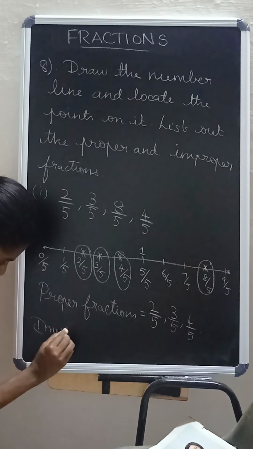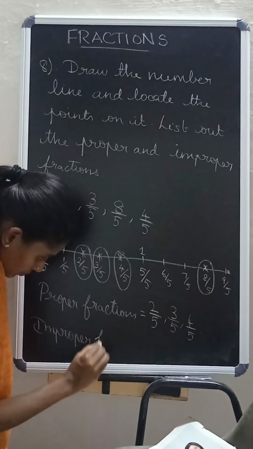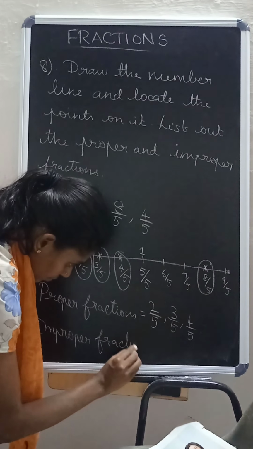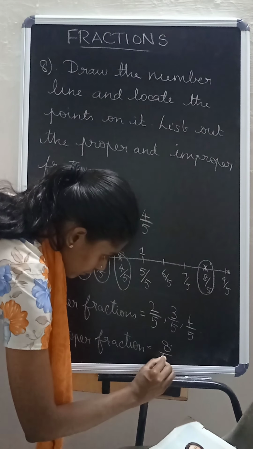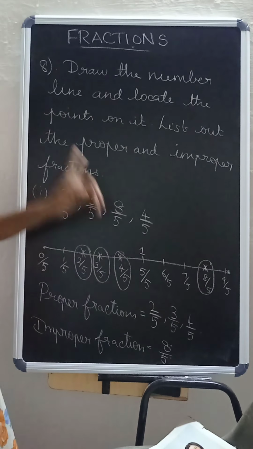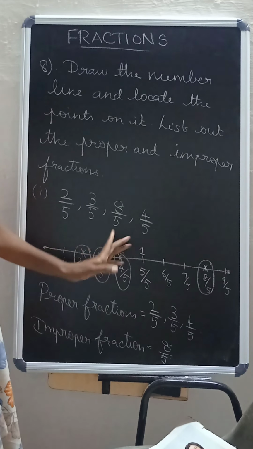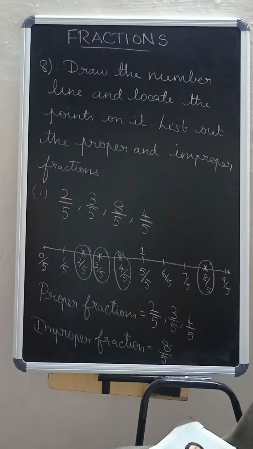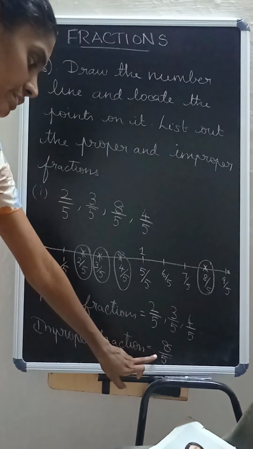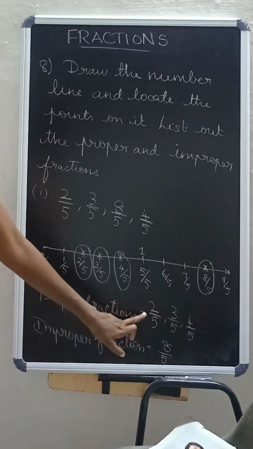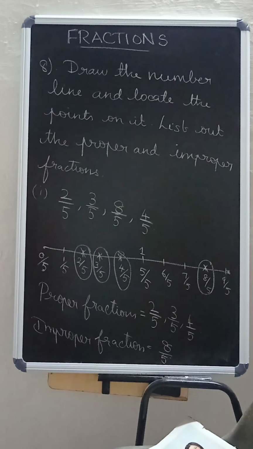Now, improper fractions: 8 by 5. Note that 5 by 5 equal to 1 is also an improper fraction. Now, here from this list, the improper fraction is 8 by 5, and the proper fractions are 2 by 5, 3 by 5 and 4 by 5.